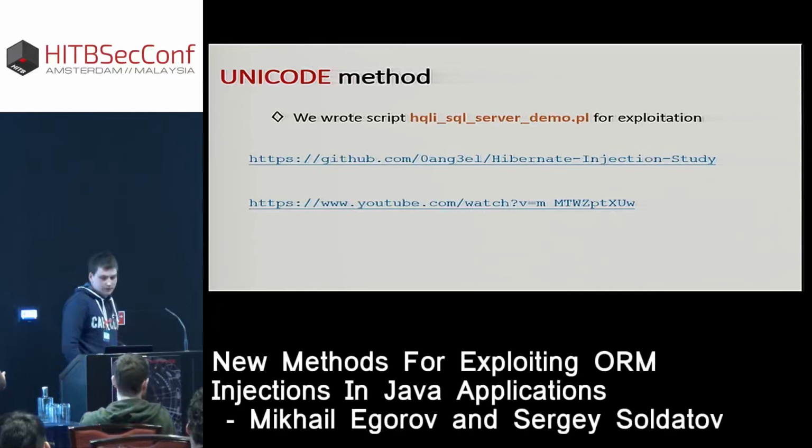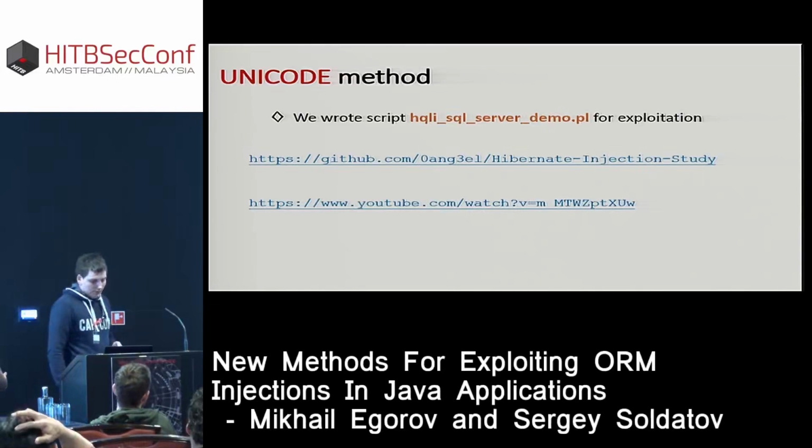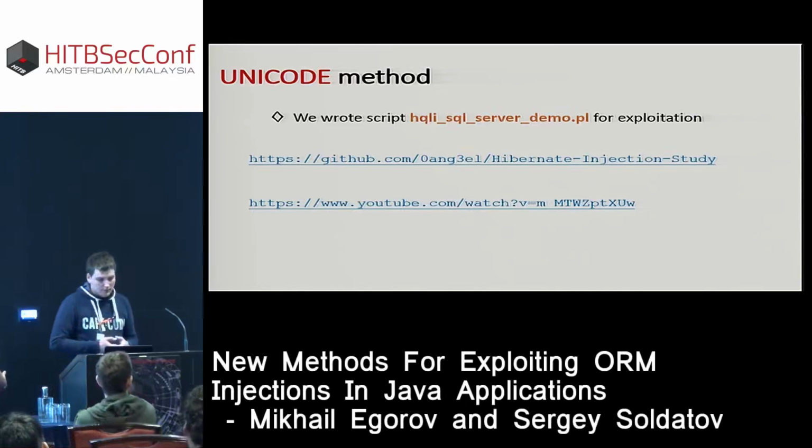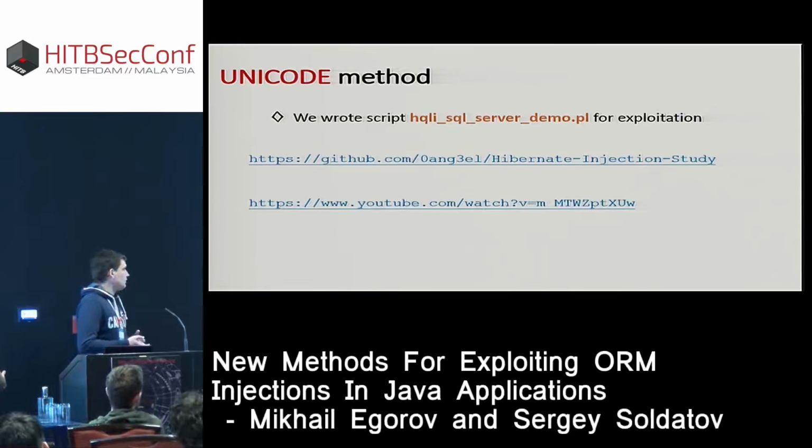Unfortunately, we cannot use sqlmap to exploit HQL injection using this method. So the first time we wrote a simple Perl script for exploitation, but it has one drawback. It works only against our test application.